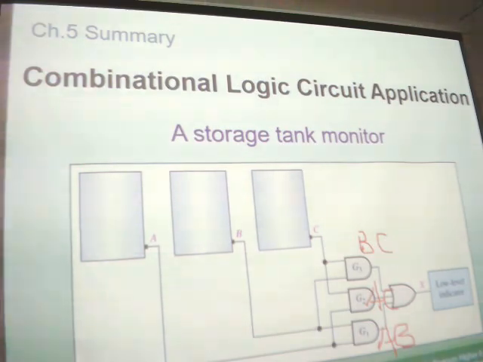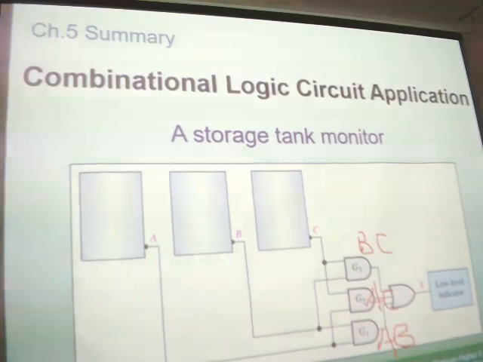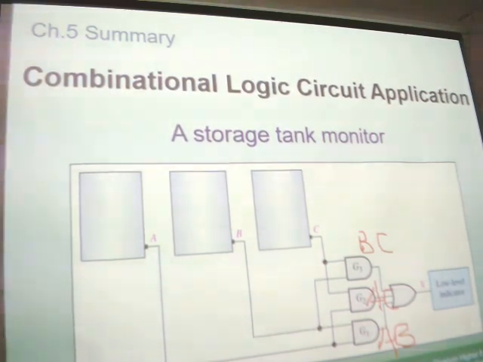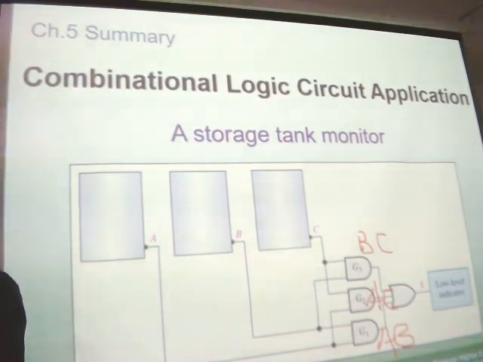ABC we don't need to write again. And BC equals A bar B C plus A B C. ABC we don't need to write it again.